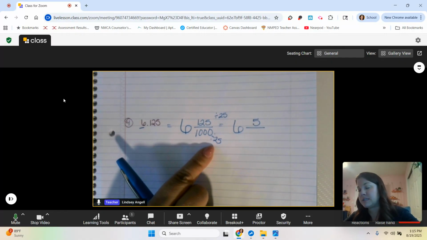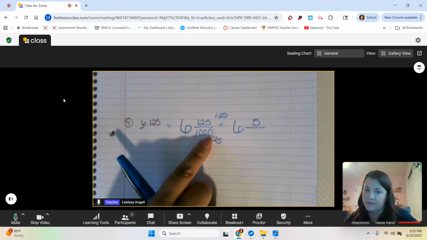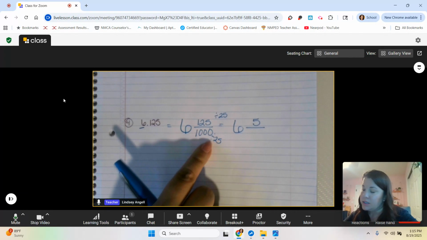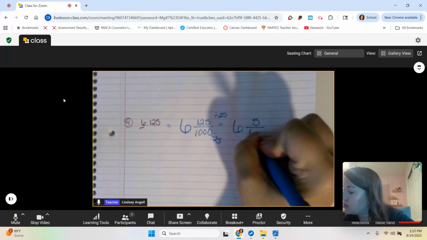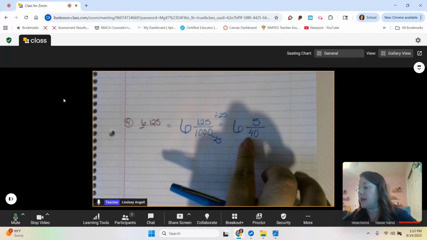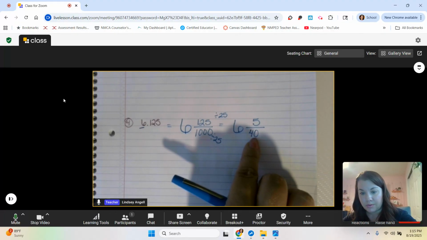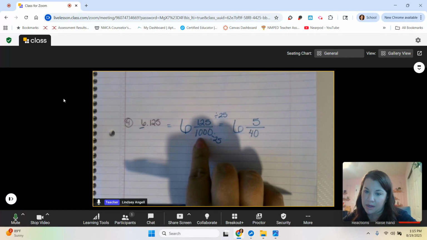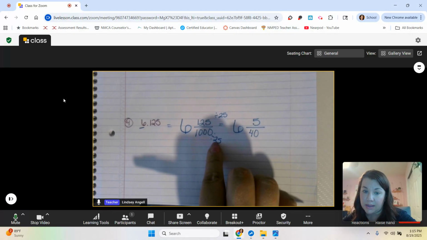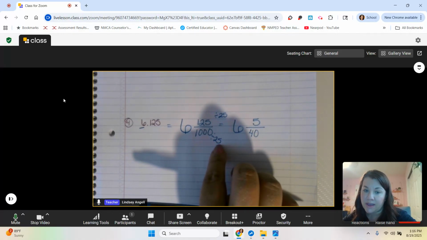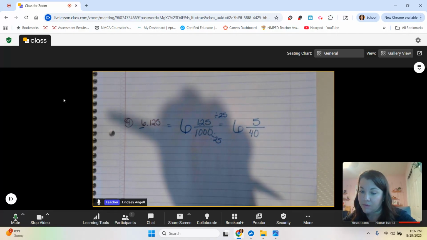Now, 1,000 divided by 25. I know that 100 divided by 25 is 4. Using those powers of 10, we can just tack that 0 back on, which gives us 40. 1,000 is made up of 10 hundreds, and 4 25s times 10 gets us to 40.